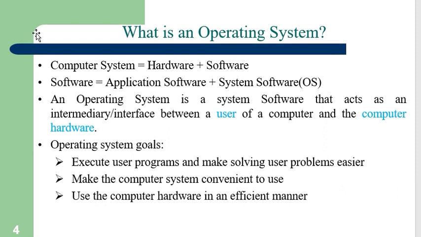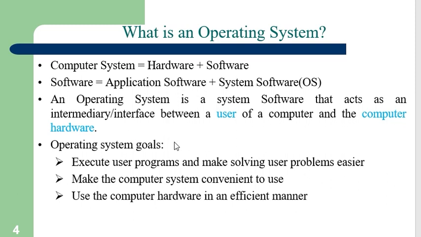Before entering into the content, one must know what a computer system is. A computer system is a combination of hardware and software, and software has application software and system software.